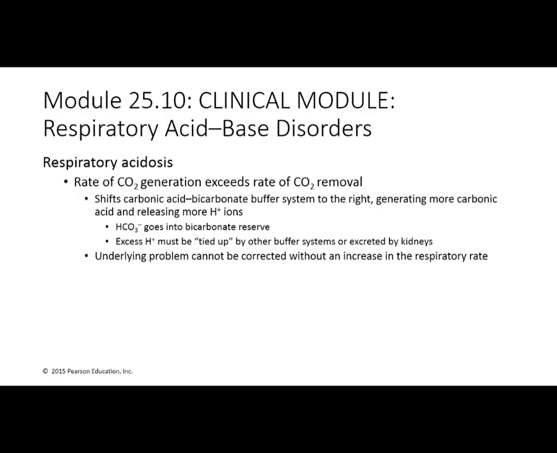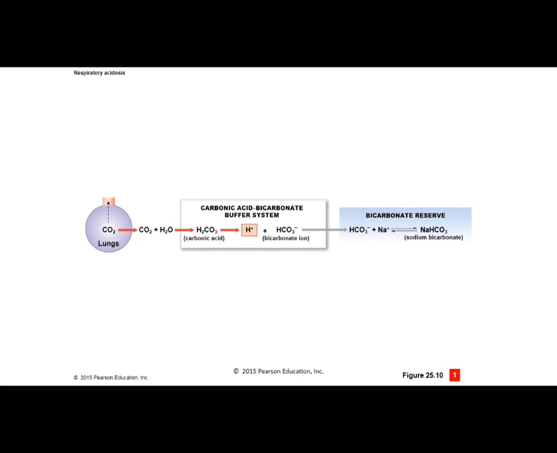Okay, but it's not enough. So again, in this situation, what we see is that there's not enough. You see a dotted line. There's not enough CO2 being blown off. There's too much CO2 being accumulated in the body. That CO2 is combining with water, as you know it does, and forms that carbonic acid.